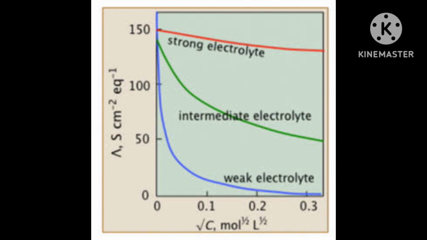This Wheatstone bridge is balanced, no current is flowing. Null point means in this situation no current is flowing, it is balanced, because the connection is like that. Then that point you have to note down.